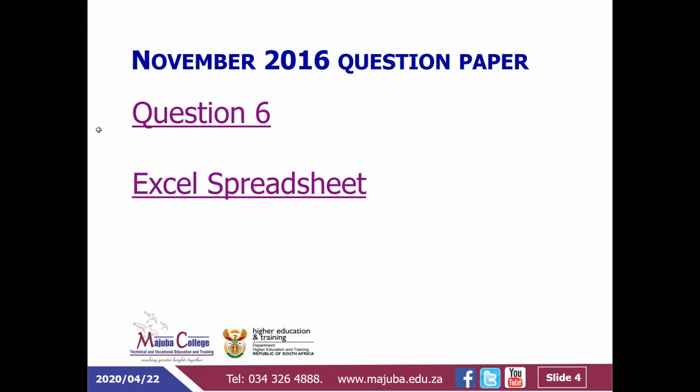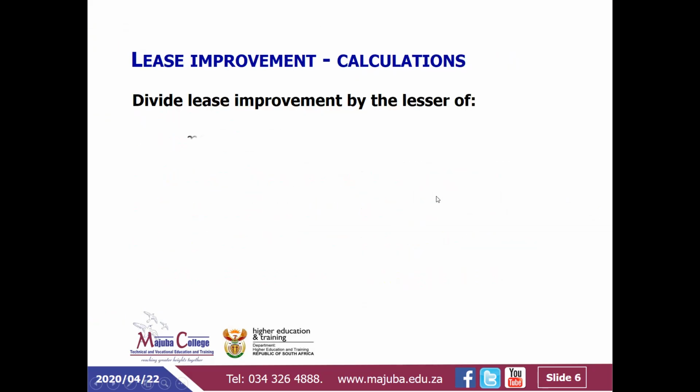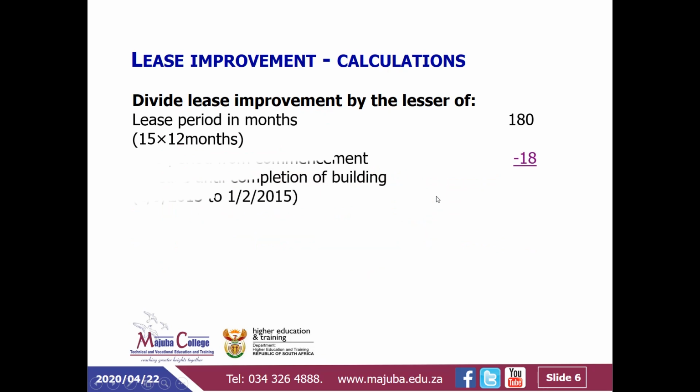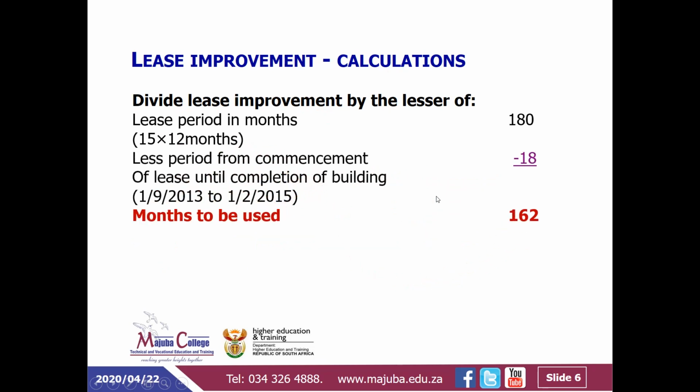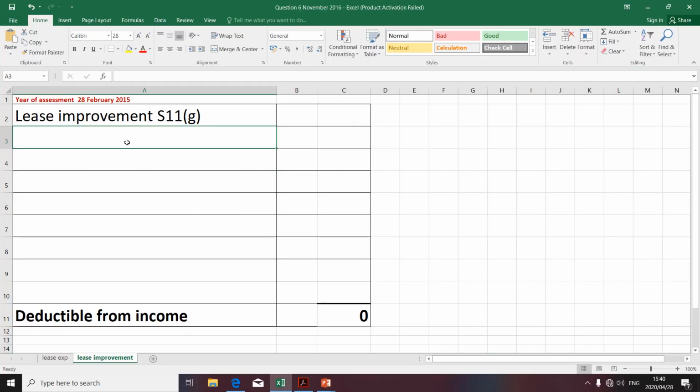Let's quickly go to the presentation slide. Remember, we're going to use 162. I recommend that you take the examiner through the calculation so that you can obtain marks where you get it wrong. So I'm going to use the 162. Essentially, I'm going to say this would have been limited to the greater of. I know it's confusing.